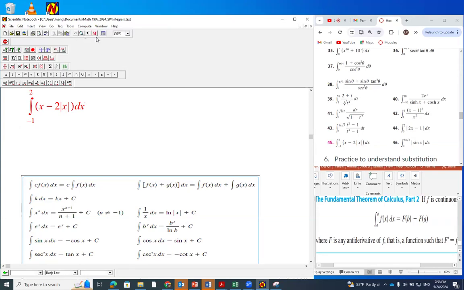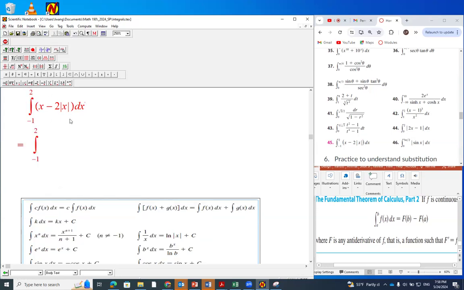So one thing you can do here to make it simple is to separate this integration: the integral of x dx, subtracting 2 times the integral of the absolute value of x dx. Just keep it simple. So this part can be done easily.